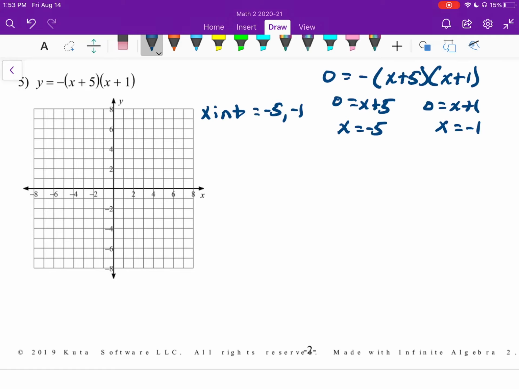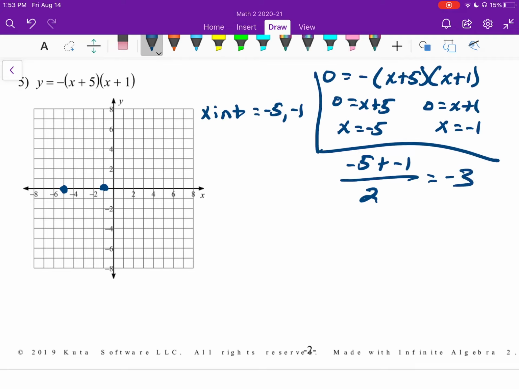If I average those, well, let's go ahead and graph it first. Negative 5 plus negative 1 over 2 gives me negative 3. So my axis of symmetry is at x equals negative 3.